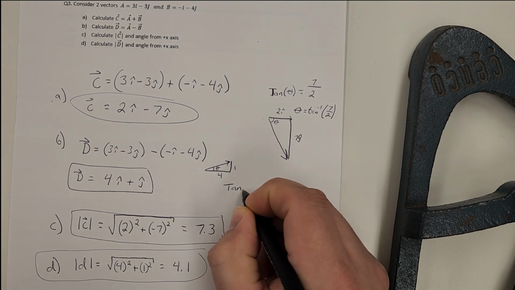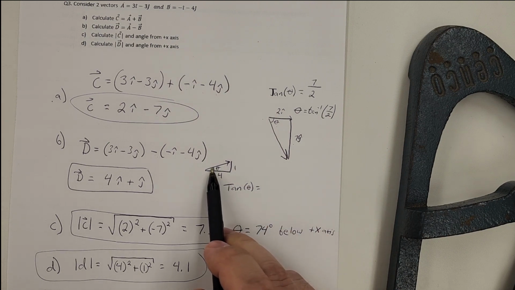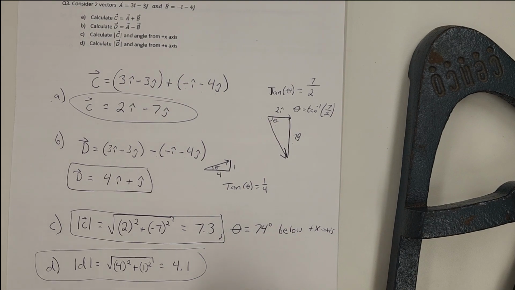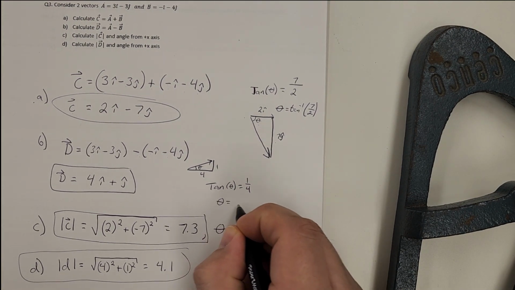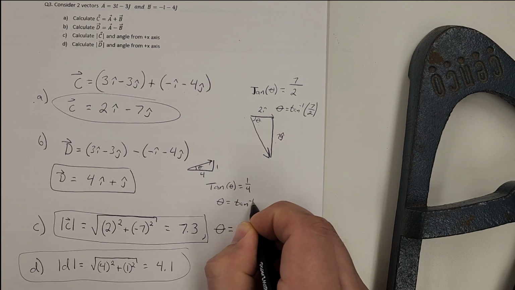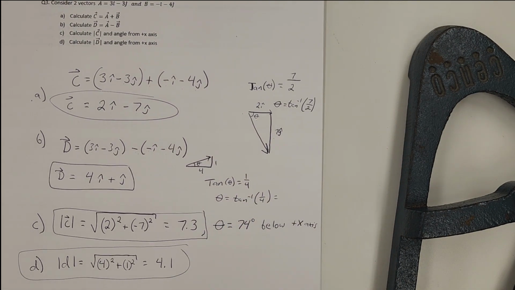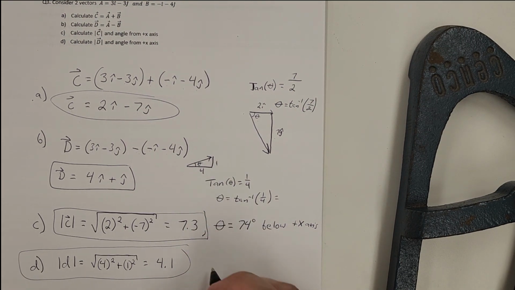Tan of our angle is going to be equal to the opposite, 1, over the adjacent, 4. To get theta by itself, we take an inverse tan, tan to the negative 1 of 1/4. And if we do that, we have 14 degrees. So that's pretty small. That looks probably about right.